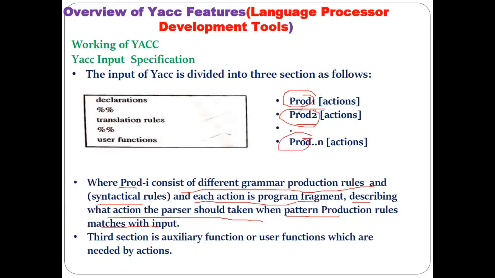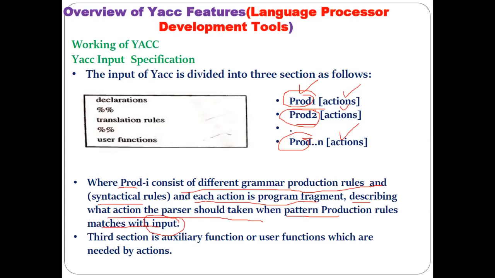Understood? And if this production rule matches with the input, then a certain action will be taken, where you are writing this action. Whatever you mention in the action part will get executed when your production rules, grammatical rules match with the input that you provide to the syntax analyzer.